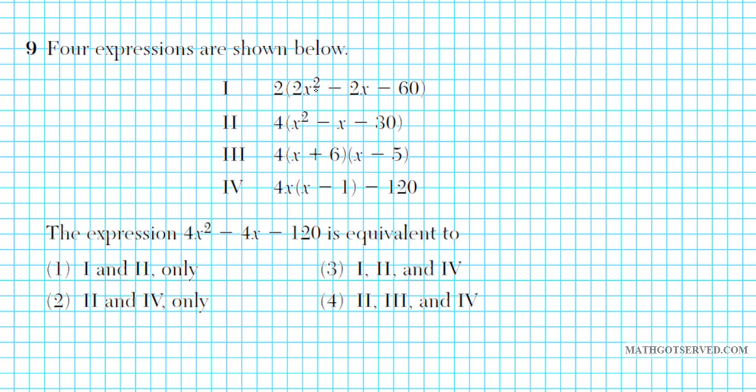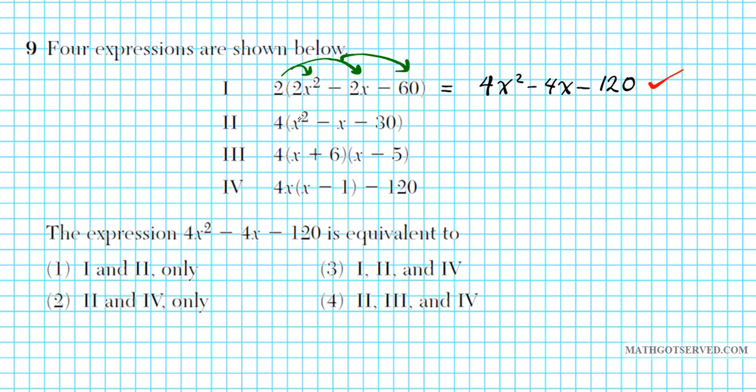Option 1 is a simple distribution of the 2 to all the terms in the parentheses. Okay, so if we distribute that, option 1 is 4x squared minus 4x minus 2 times 60, 120. Is that good or bad? That is perfect. That's exactly what we want because it matches this expression right here.